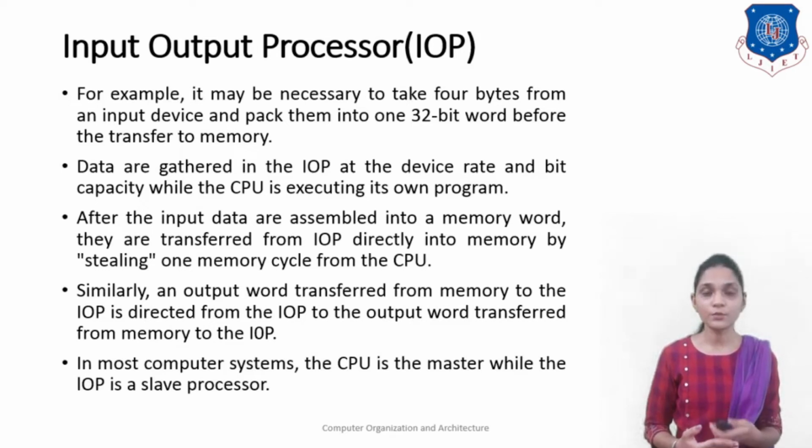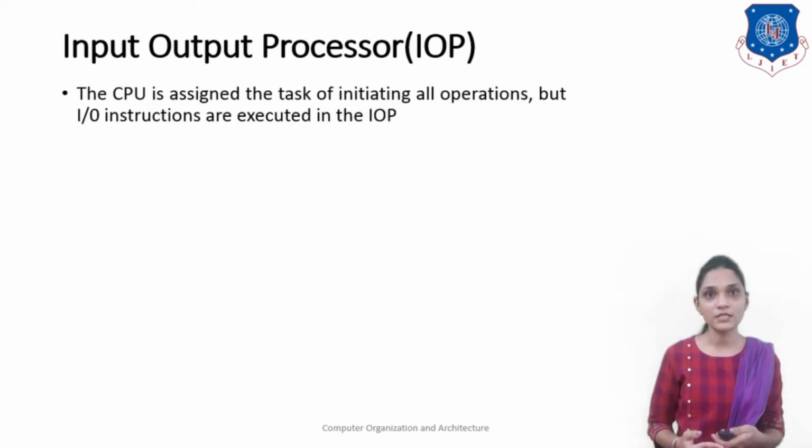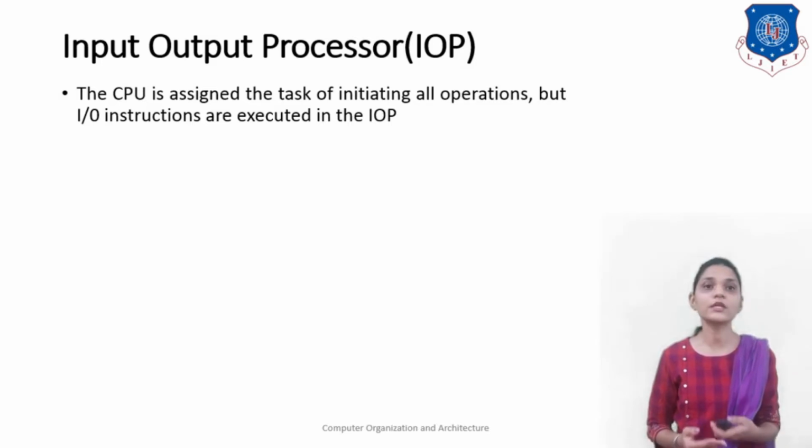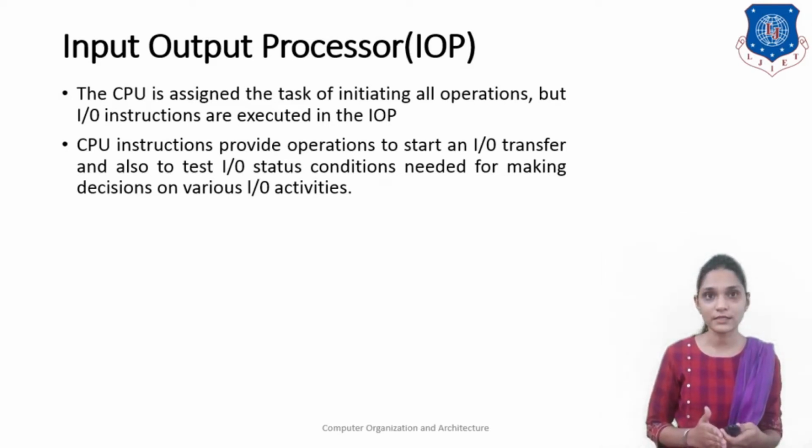In most computer systems, the CPU is the master while the IOP is the slave processor. The CPU is assigned the task of initiating all operations, but the IO instructions are executed in the IOP. The CPU instruction provides the operation to start the IO transfer and also tests the IO status conditions needed for making decisions on the various IO activities.